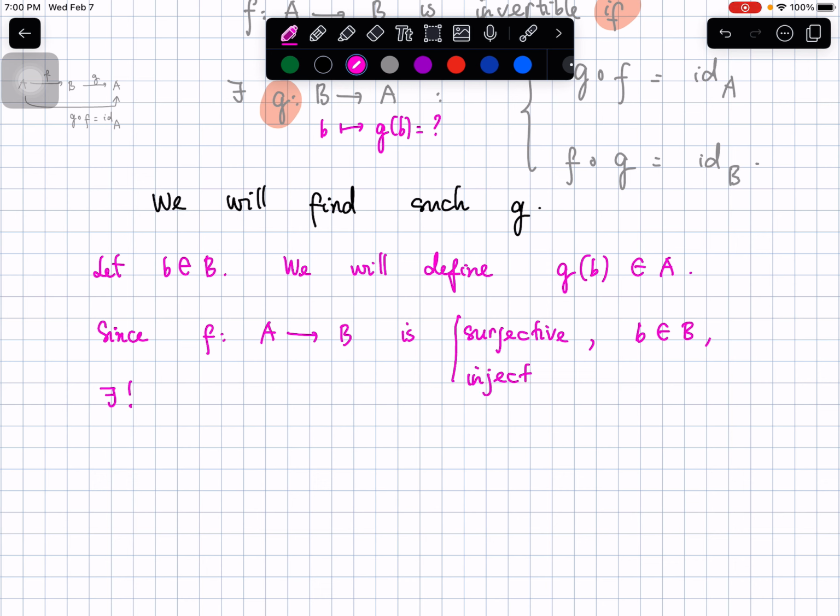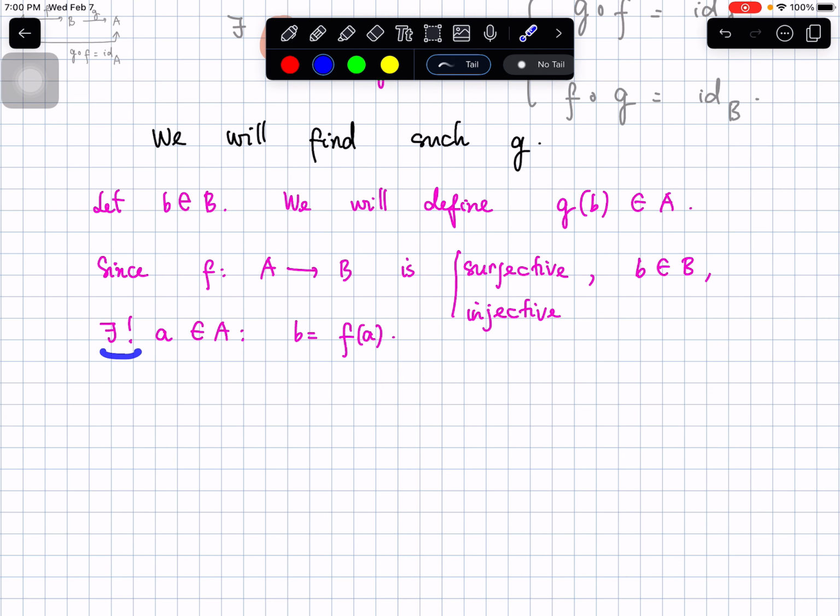Surjective means that for each b there exists a small a in A such that b equals f of a. But injectivity says that this small a is unique. There exists a unique a such that b equals f of a.